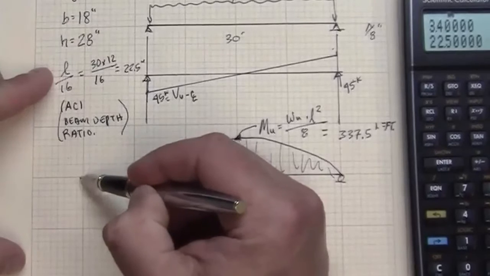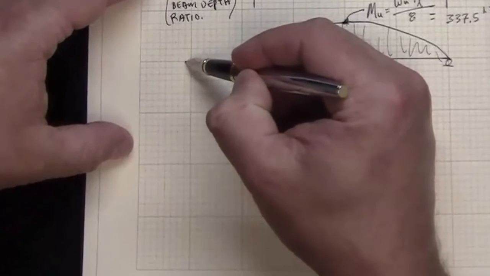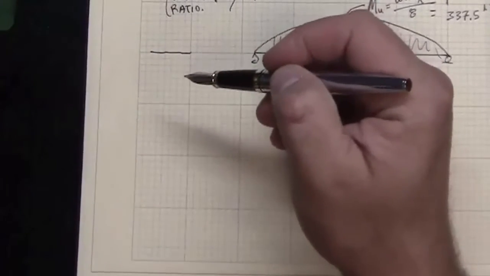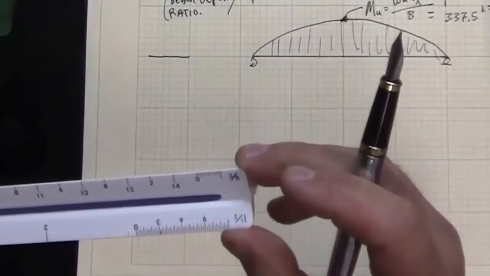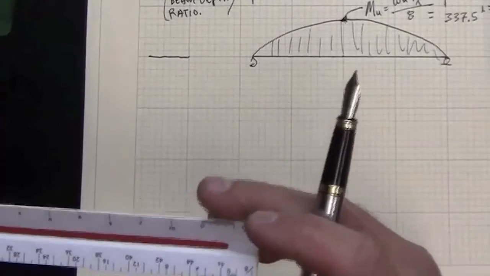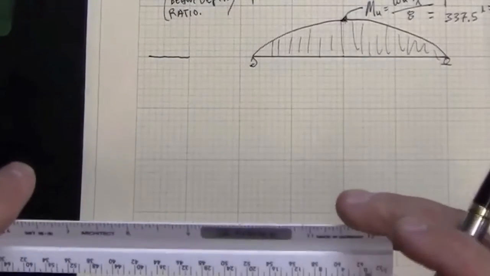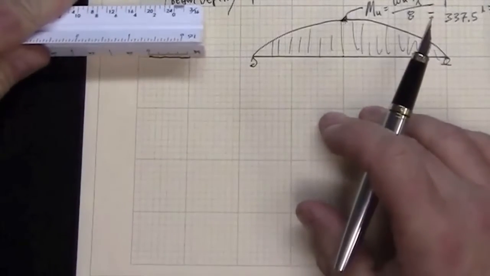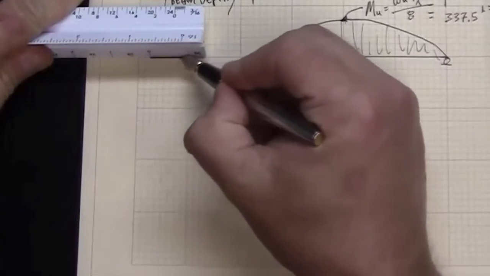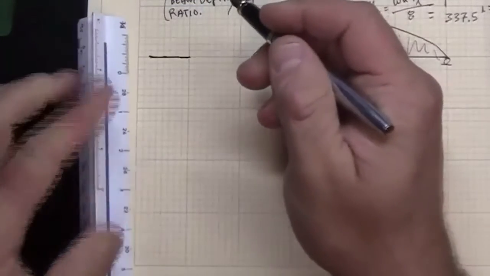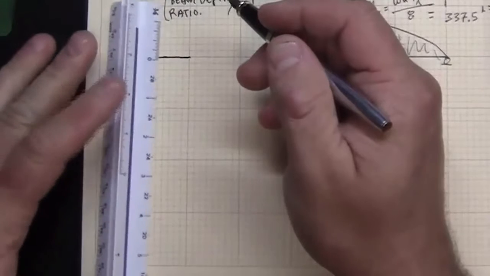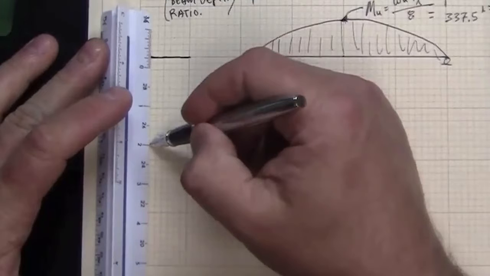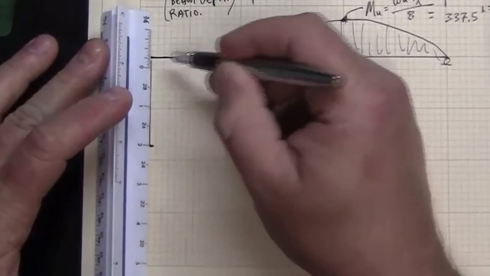So if I were to come over, in this case, for an example, I'm going to sketch our detail at 3/4 inch scale, and we talked about the member being 28 inches, so come down, that's 2 foot.